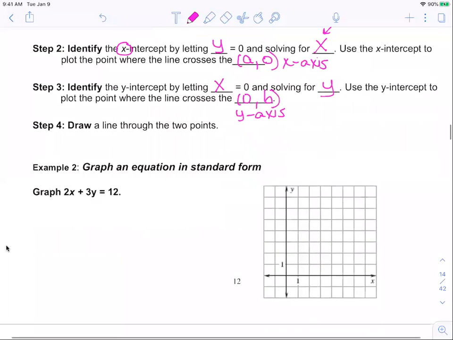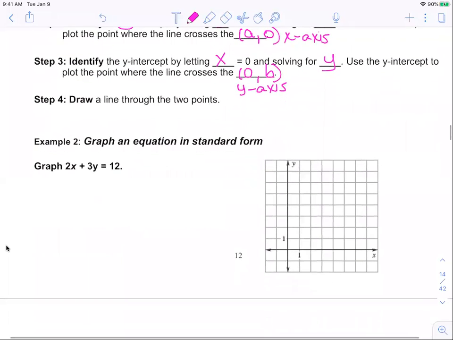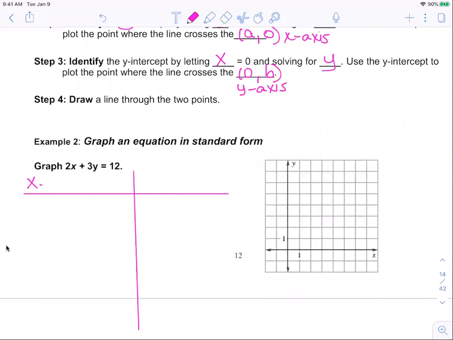So we're going to see if we can graph this equation. I'm going to make just a little chart to separate and organize the information. We're going to find an x-intercept. I'm abbreviating intercept INT. We're going to find a y-intercept. So in standard form, you're finding an x and a y-intercept.